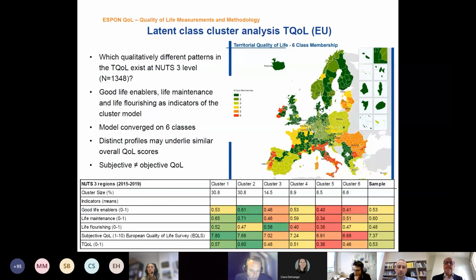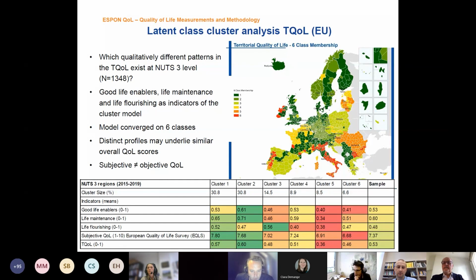Here it's also nice to see what kind of different clusters there are. The first cluster is again a pattern which more or less reflects the sample average. So you can say it's average quality of life. It's not very surprising, as it's 30%. The second cluster then performs quite well in terms of life enablers and life maintenance, but relatively poorly on the life flourishing dimension.